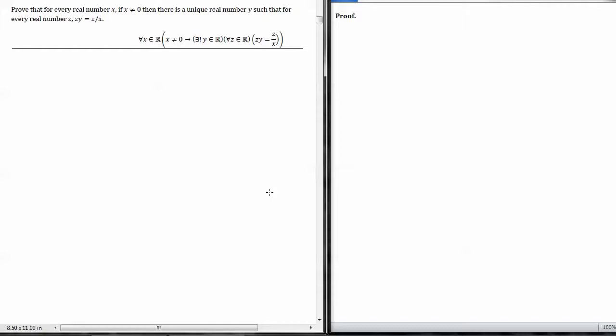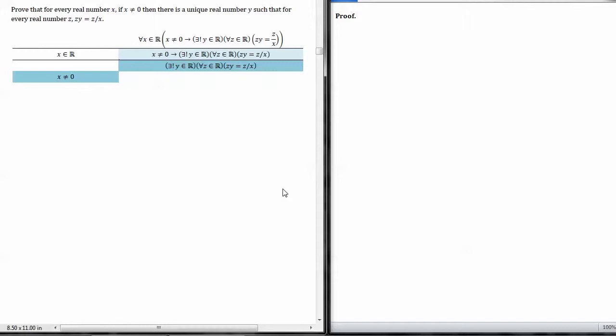So here is the statement: for all real numbers x, if x is non-zero, then there exists a unique y in R such that for all z in R, zy equals z over x. And we begin by letting x be an arbitrary real number, and then to prove the conditional, we assume that x is non-zero.